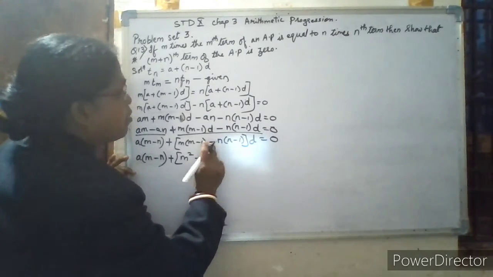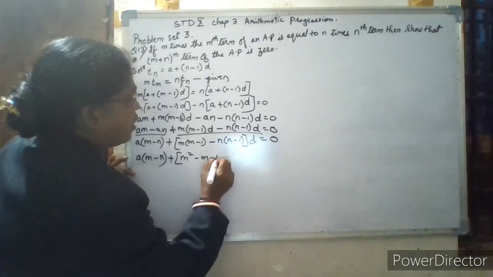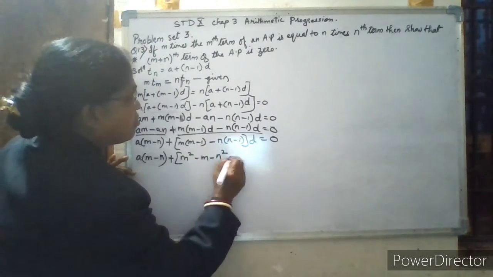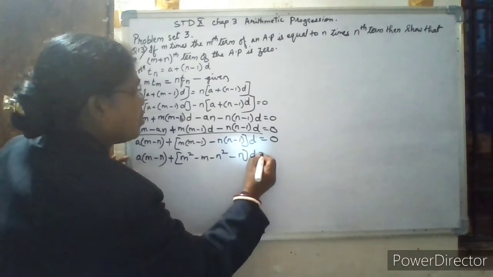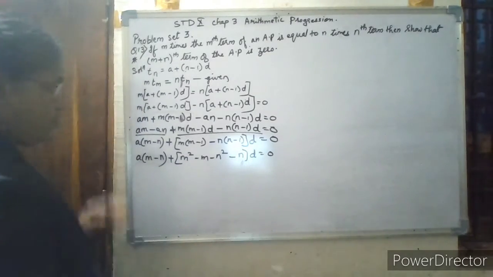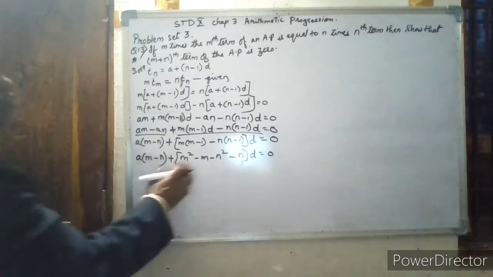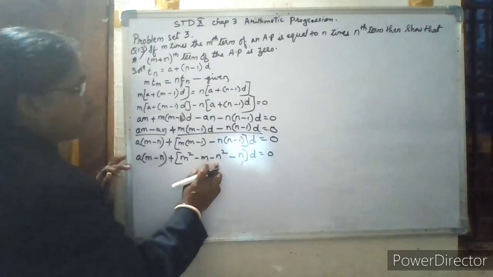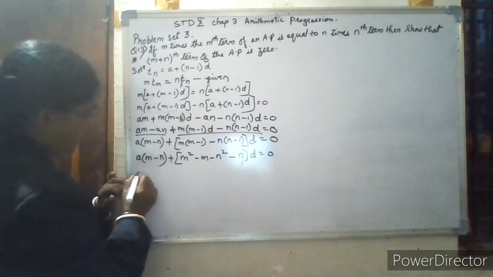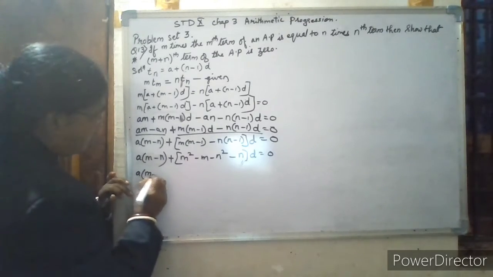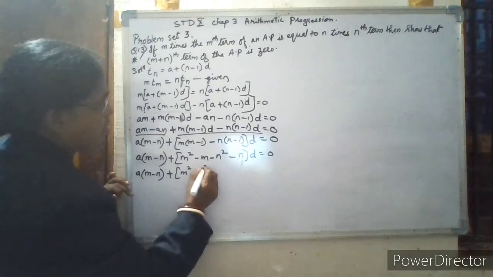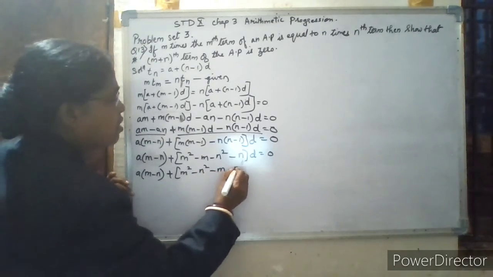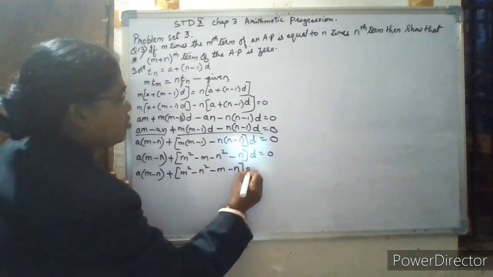Plus to minus is minus n into n square, plus to minus is minus n into 1 is n. This whole thing is equal to 0. Now inside this square bracket you can see m square minus n square. We can arrange this, keeping the other thing as it is: plus m square minus n square minus m minus n into d equal to 0.